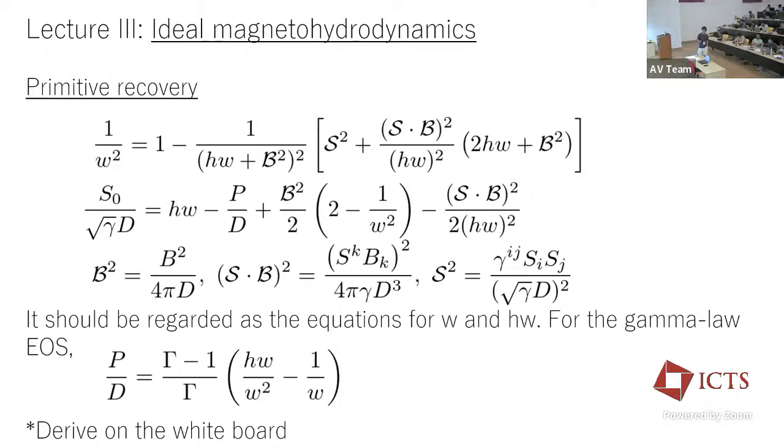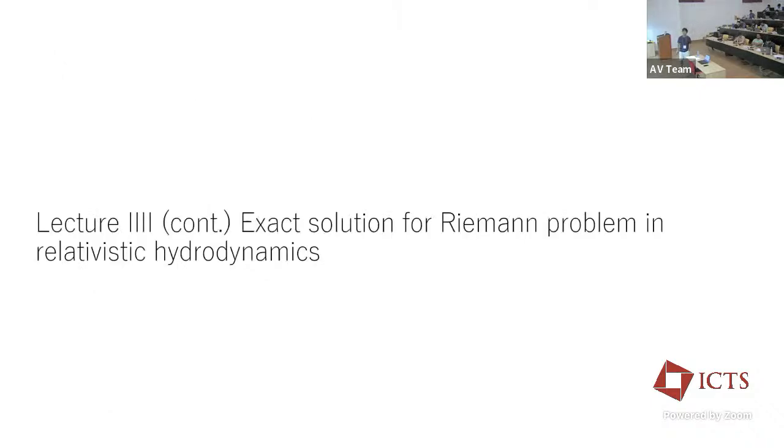Of course, if you assume a different equation of state, like a more complicated one or a tabulated equation of state, you need to do iterative things by Newton-Raphson. Then finally, you get the Lorentz factor omega and specific entropy H. Then you have now recovered all the primitives from the conserved quantities. This is the primitive recovery for the ideal MHD case.